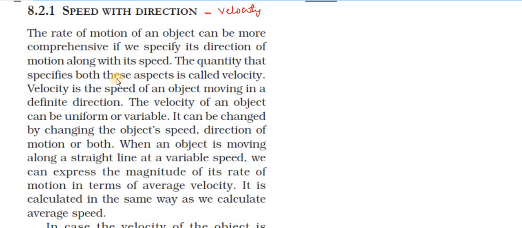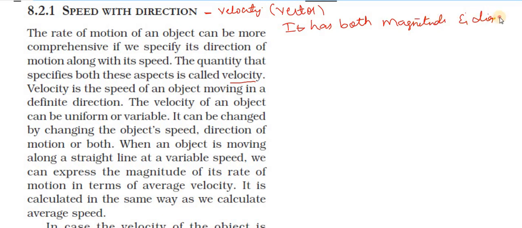Velocity is a vector quantity: v for velocity, v for vector. So what is a vector quantity? It has both magnitude and direction.